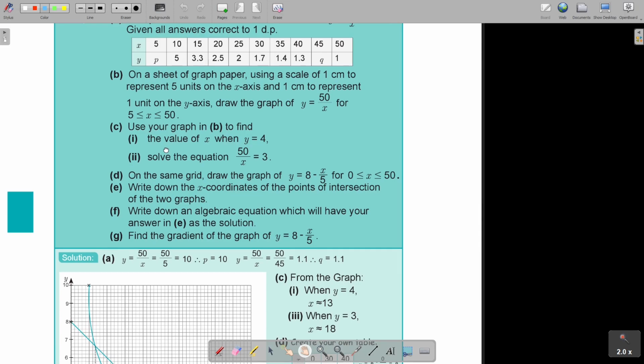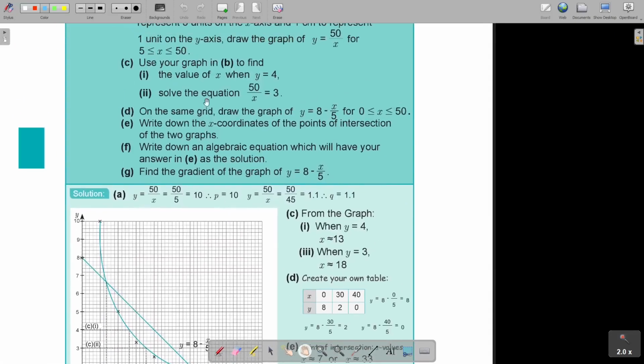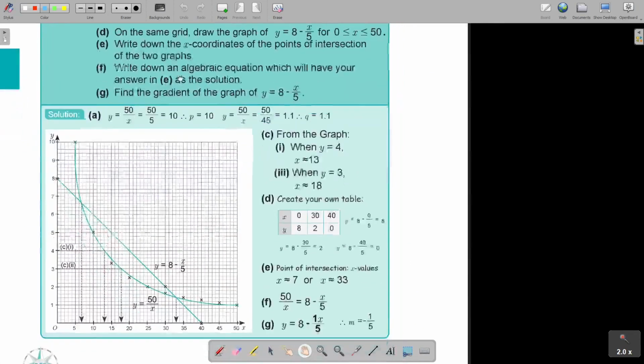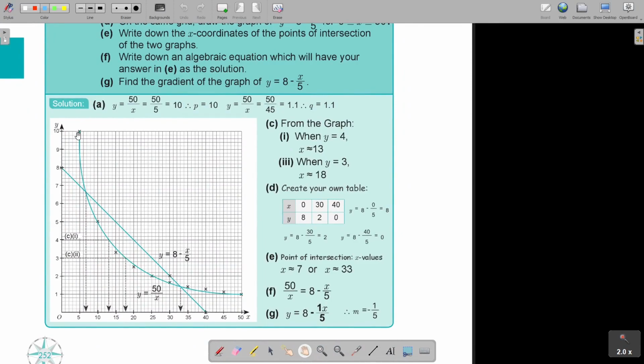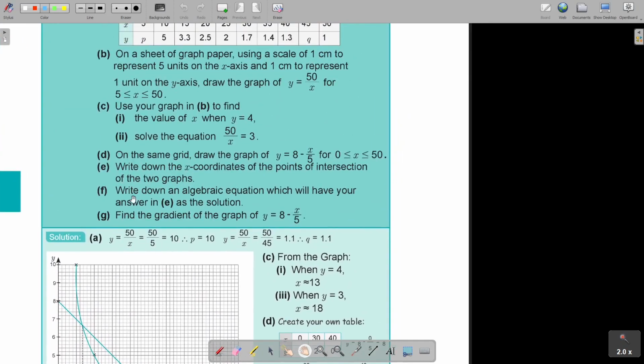It will be an indication. This was to 1 decimal, so make this also to 1 decimal. Then it's very important that you plot all the points, 1, 2, 3, 4, 5, 6, 7, 8, 9, 10. If you want to get the mark for plotting, you have to plot all the points. Then you draw the graph, then use your graph to find the value of x when y is 4.